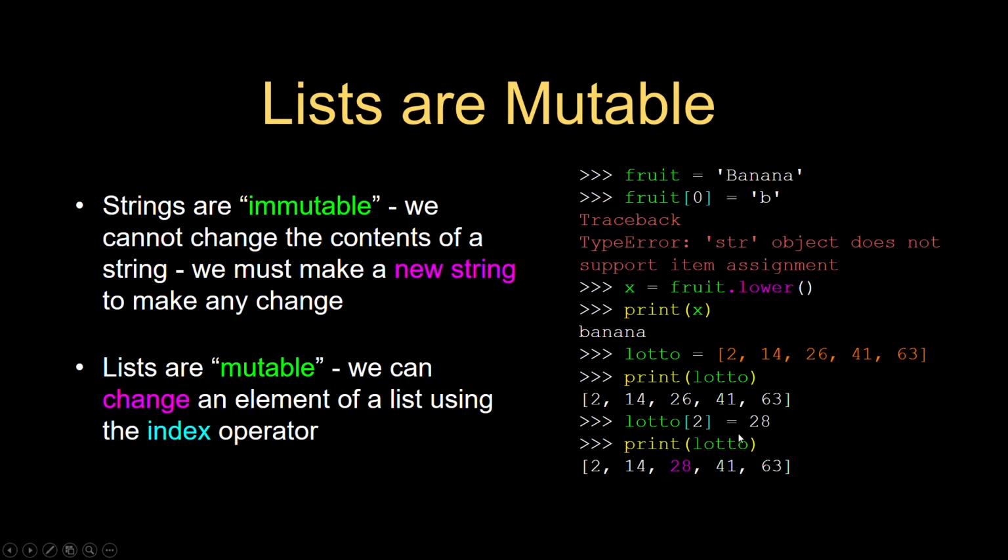So 26 changed to 28 and then printed again. So it shows 28 here. So we can change different elements of a list, but we cannot change different characters of a string. That's how a string is not exactly a list. If we want to change a string, we have to actually make a new string.